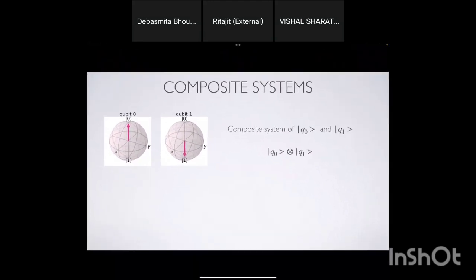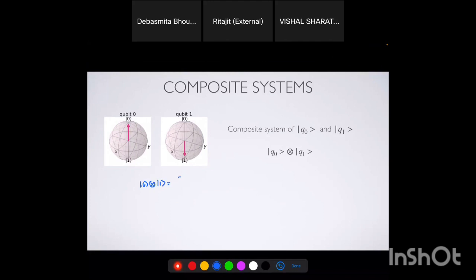Now the point is that whenever you have a composite system, this is a postulate, you get a tensor product of these two. So what is the tensor product of 0 and 1? Remember, 0 is (1,0), 1 is (0,1). Tensor product basically means the first entry, 1, times the entire second vector, and the second entry, 0, again times the entire second vector.